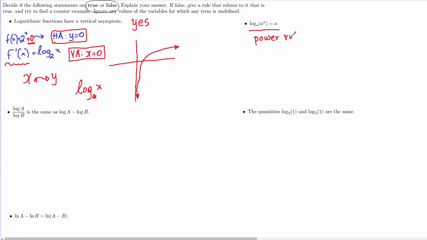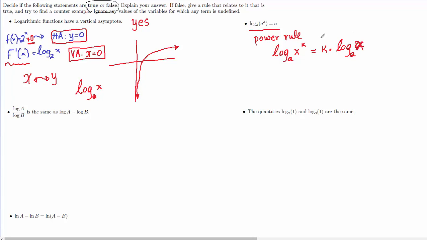What is the power rule? The power rule tells us that if in the argument of the logarithm we have an exponent, then the result will be that we multiply the logarithm by that exponent. So if we have log base a of x to the k, this is what the power rule says, then this is nothing else than k times the log base a of x.